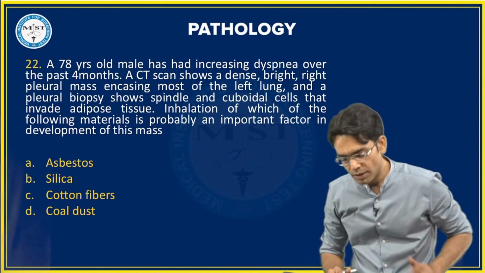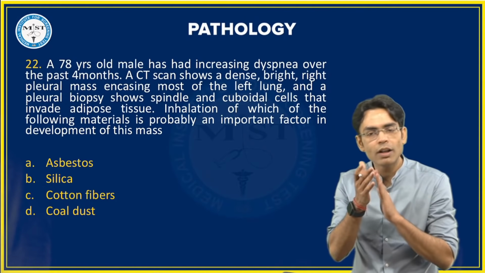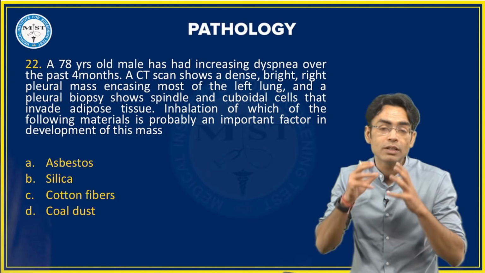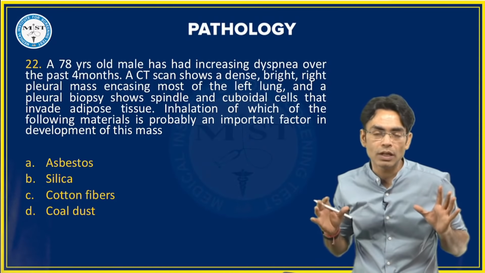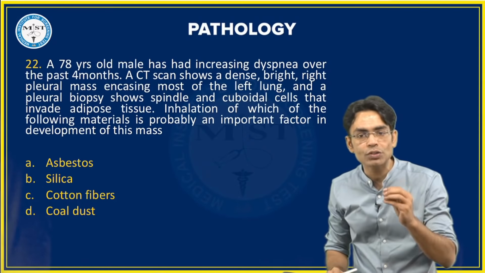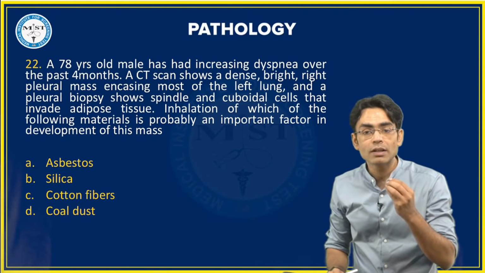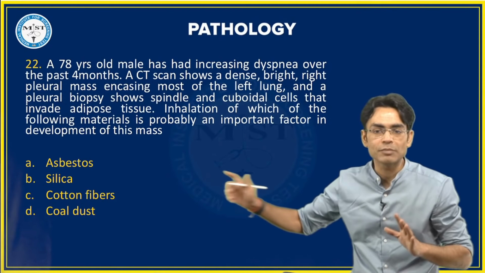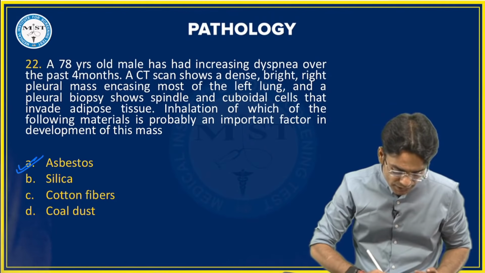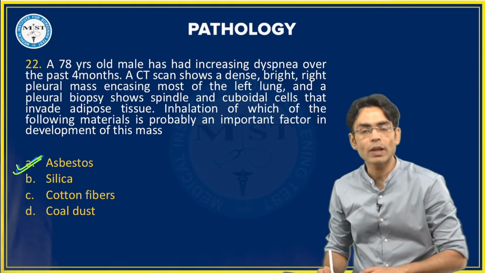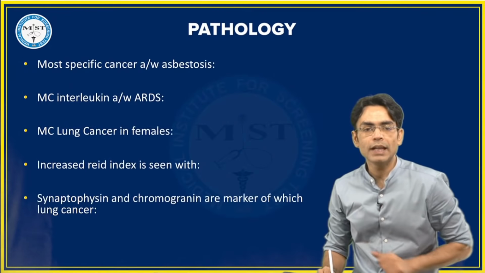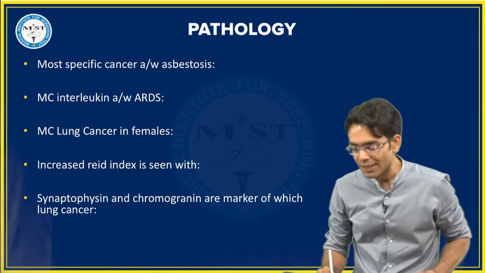So answer. Wow, very good. So you know the pneumoconiosis which is causing lung cancer most commonly is asbestosis. So your answer is A. Asbestos. Okay. Then most specific cancer associated.